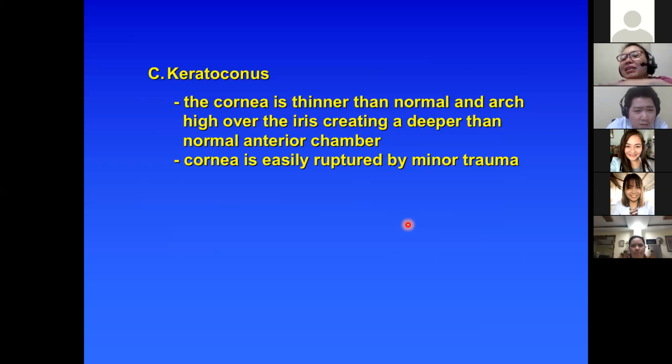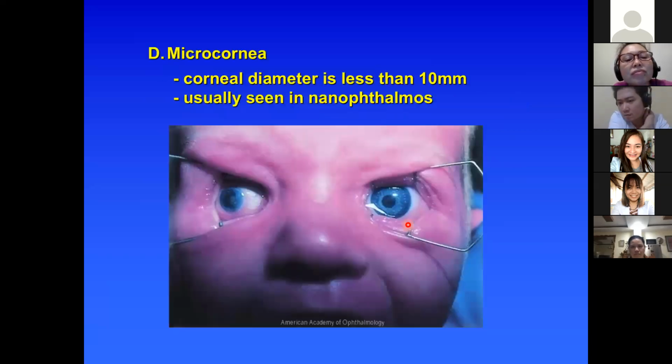Unlike laser where you have to slice the cornea, flap it, and do laser underneath, this one is just chemical, then light. But in severe cases of keratoconus where the cornea has ruptured, of course, you will need corneal transplantation. Microcornea: here the corneal diameter is less than 10 millimeters.